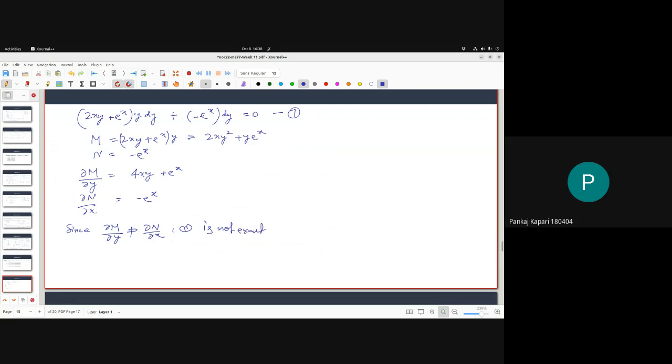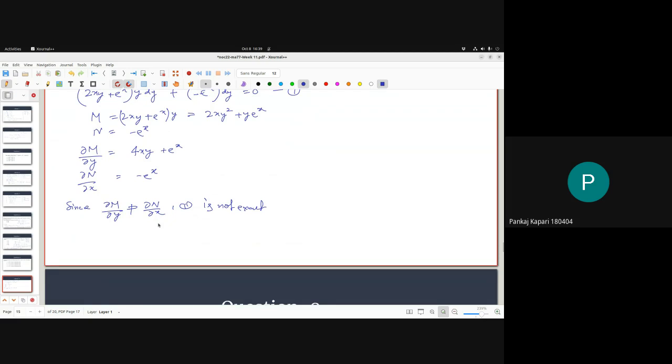Okay, so to solve this differential equation, we have to find its integrating factor. So let's calculate this term. What is del N over del x minus del M over del y, and then we divide it by M, so this is equal to 1 over M. And what is this difference?